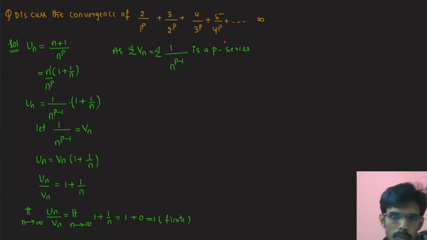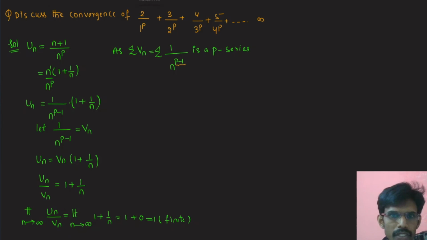Now whether this p series is convergent or divergent depends on the power of this n. If the power of this n is greater than 1, then sigma vn is convergent, otherwise divergent.